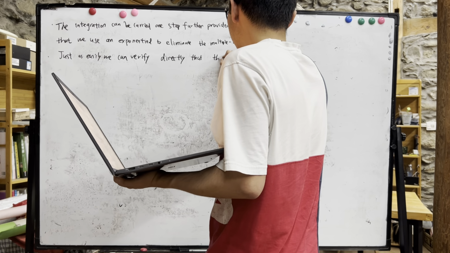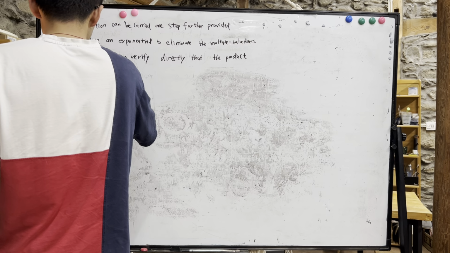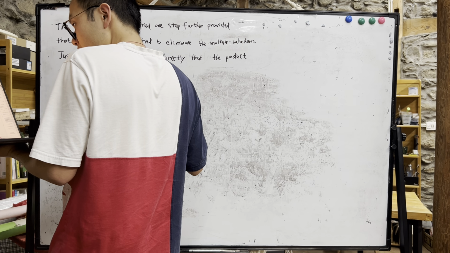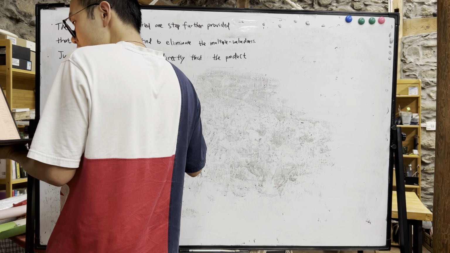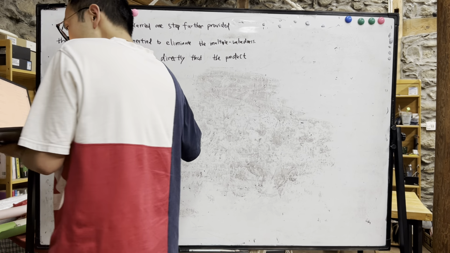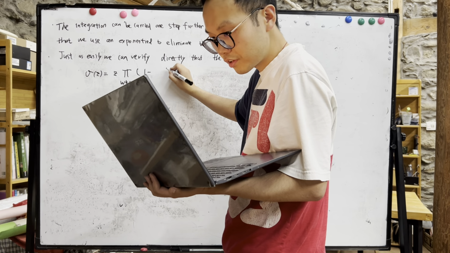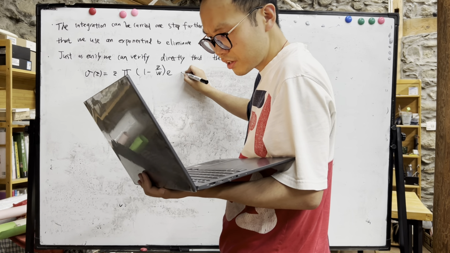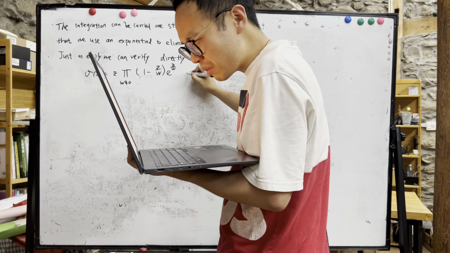the product sigma z, which is equal to z times the product over omega not equal to 0 of 1 minus z over omega, e to the z over omega plus 1/2 z over omega squared.